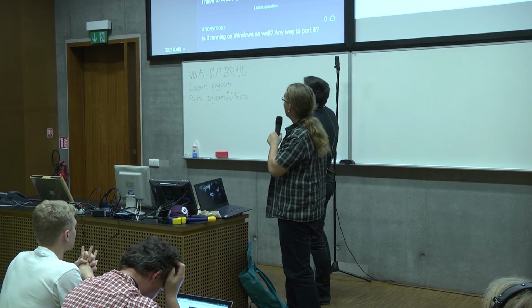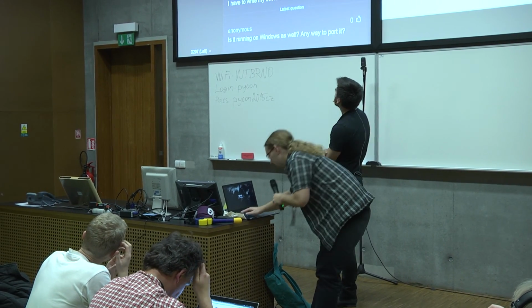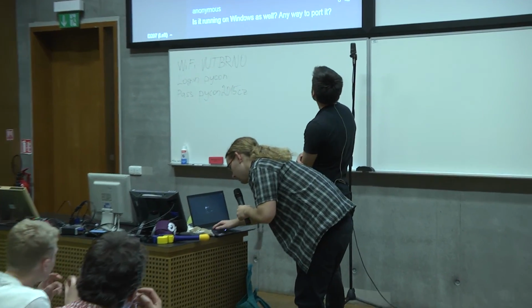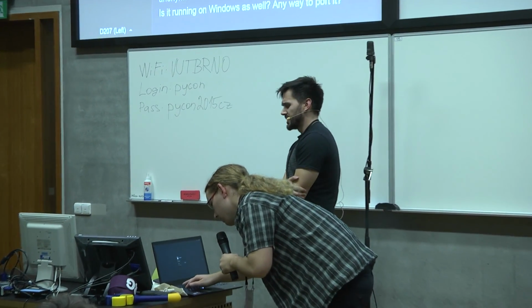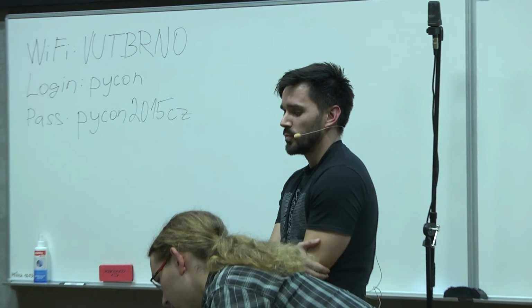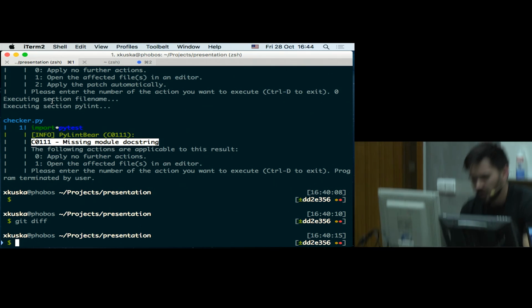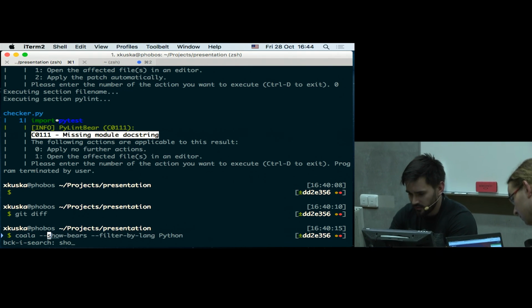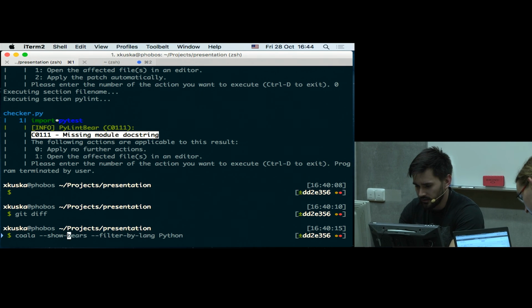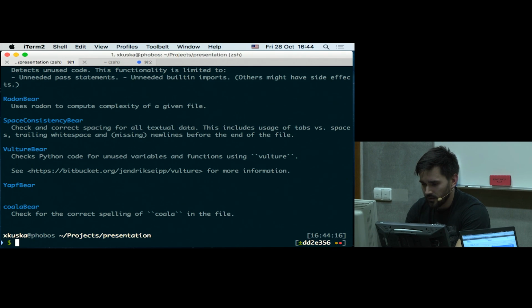And now questions. The first one: have you tried all bears, at least Python bears? How can you choose the best one? No, I haven't. I think those tools already exist. Those are no new tools. So you just go with what you used before. Or there's this cool thing: show bears, and you can add here the -d to show description.